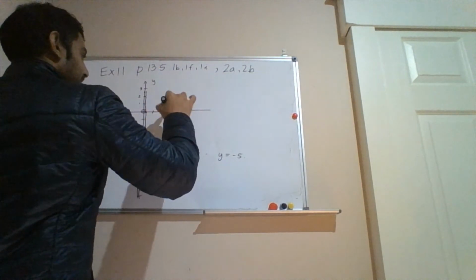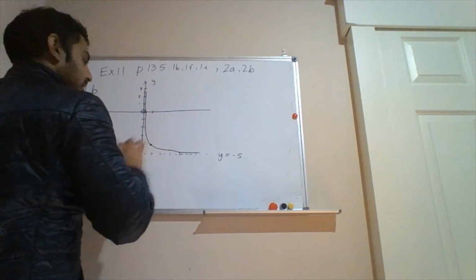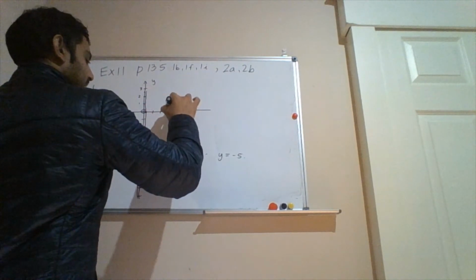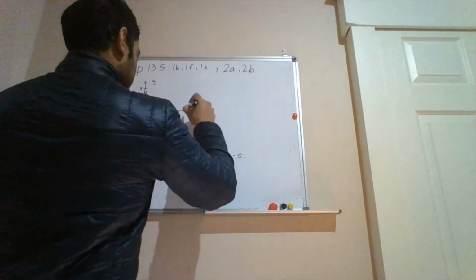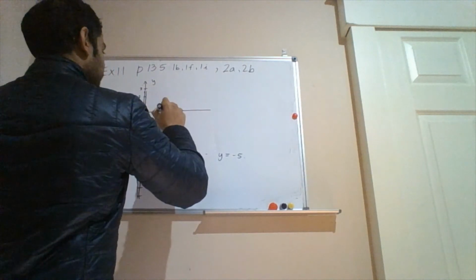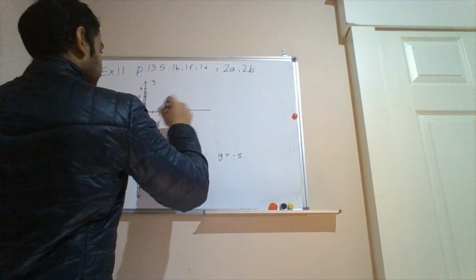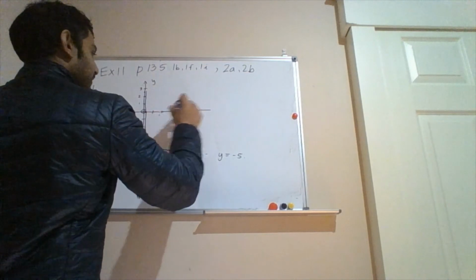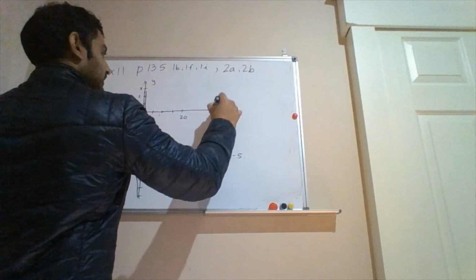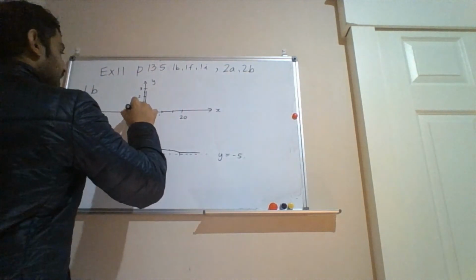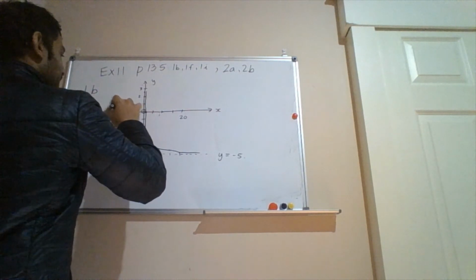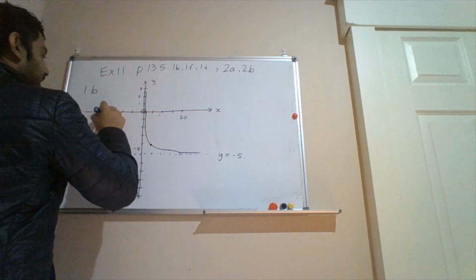And our x intervals are going to match the intervals we used there. So it's going to be 5, 10, 15, 20. And on this side, -5, -10, -15, -20.